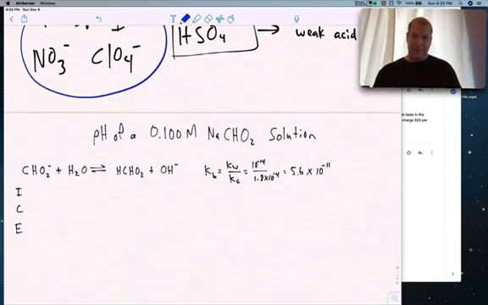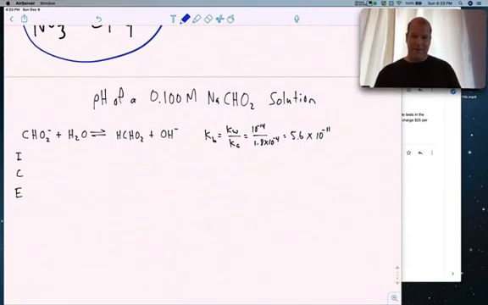The formate anion will react with water, and it will form formic acid and hydroxide. Ka times Kb is Kw, and the Kb of the formate anion is 5.6 times 10 to the minus 11. Let's start here initially.